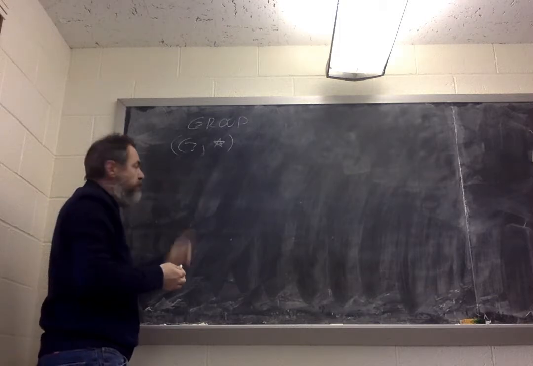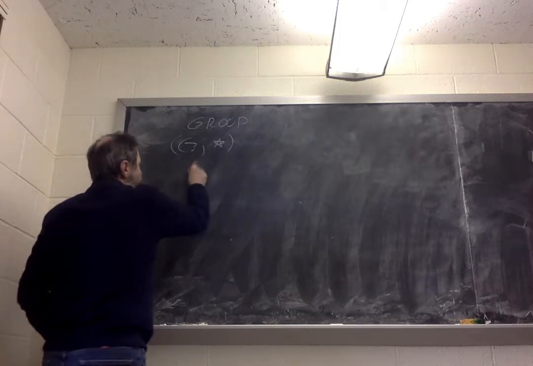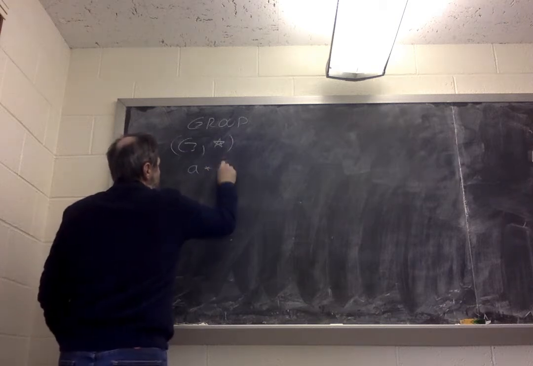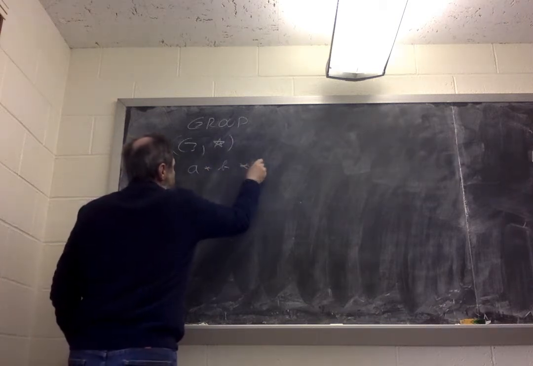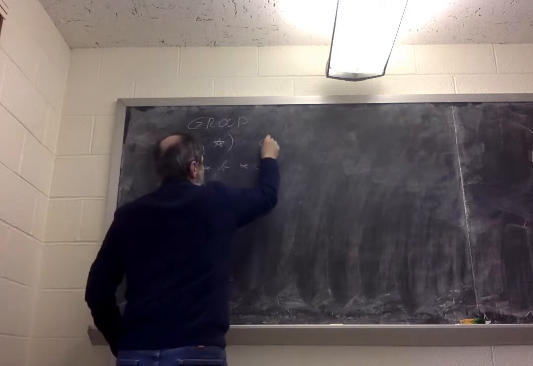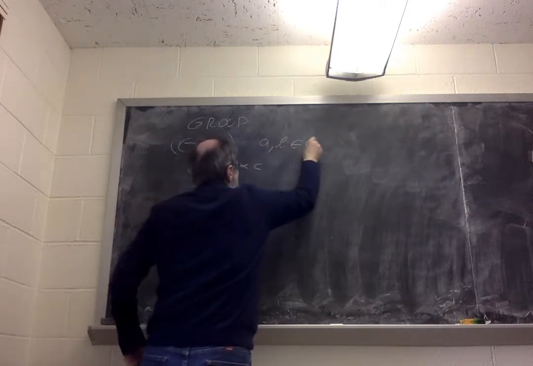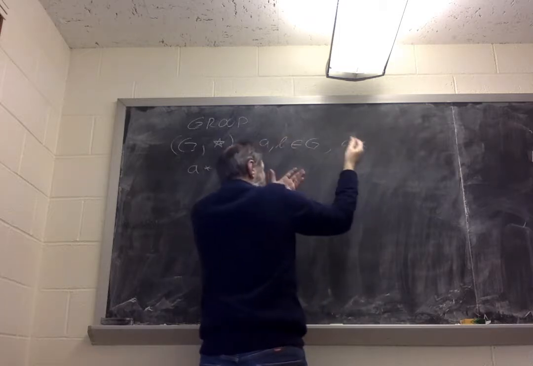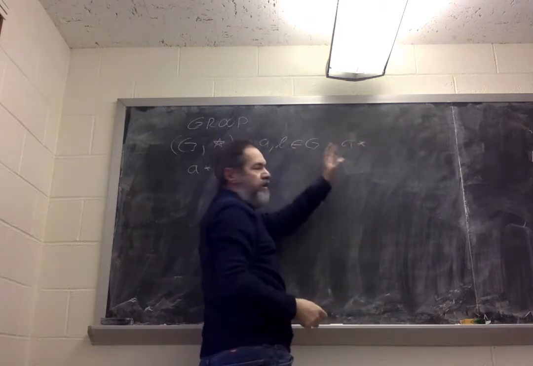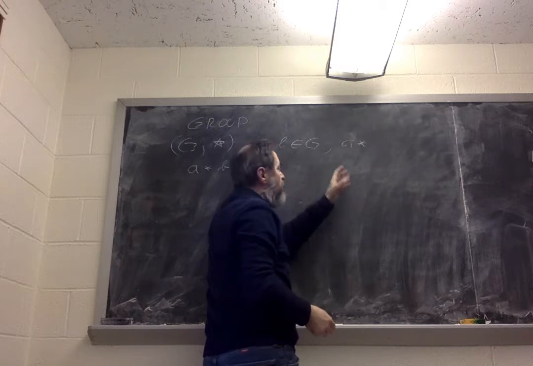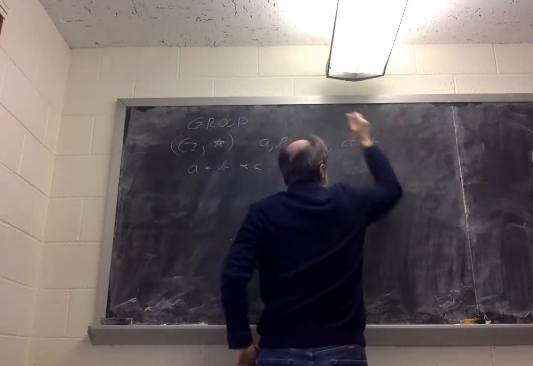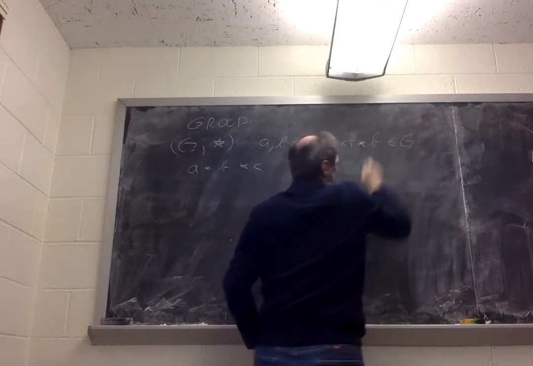First of all, for any A and B in the group, I require that when I compose them, when I multiply them, we'll just call it multiplication from now on, but it's not necessarily multiplication, I just say A times B instead of A star B, A times B needs to belong to the group.